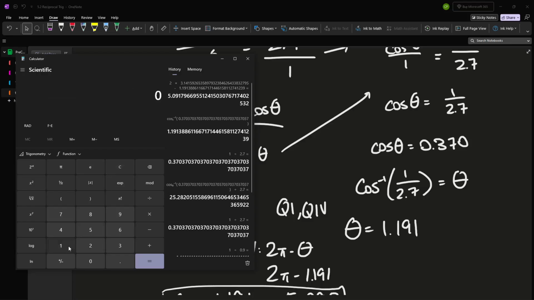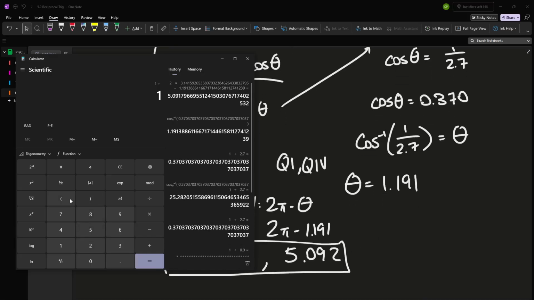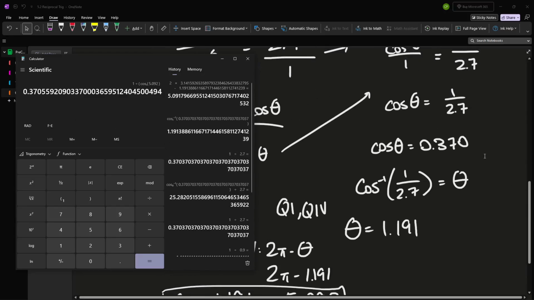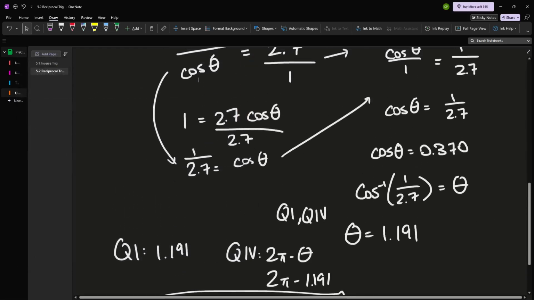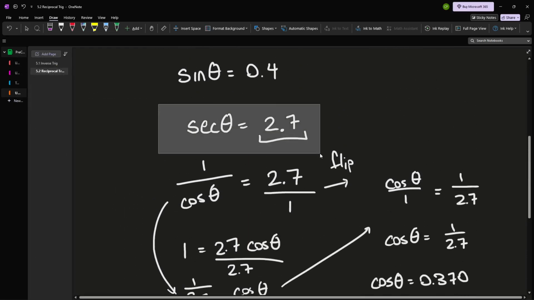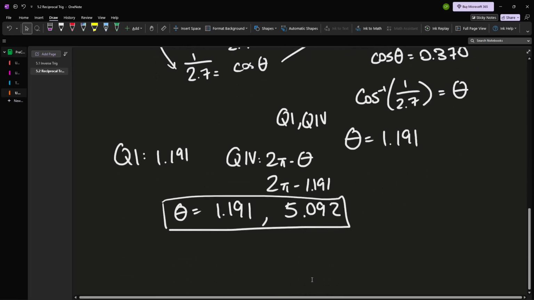Let's clear everything. 1 divided by parentheses 5.092 cosine of that, and get 0.37 just like this. So we see we are able to check it. It's a bit trickier to check. It's not the perfect check because we're not checking the original, but we are able to check.